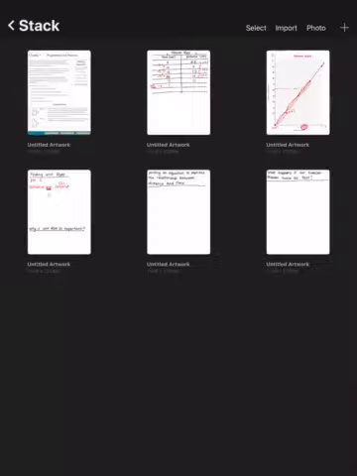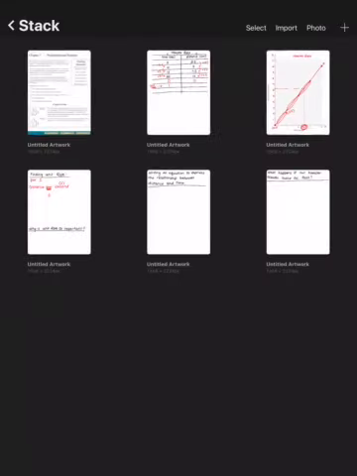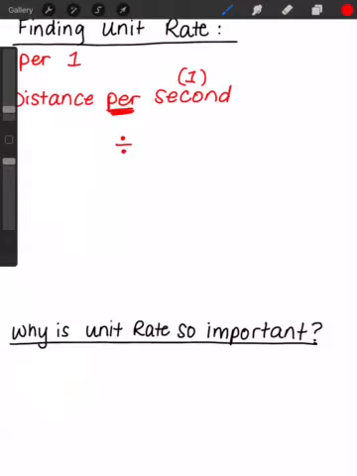So I'm going to pick an easy one. Let's go with 10 and 5. Okay. That's going to be pretty easy. So my distance is 5. My time, my seconds, is 10. So the distance is 5.